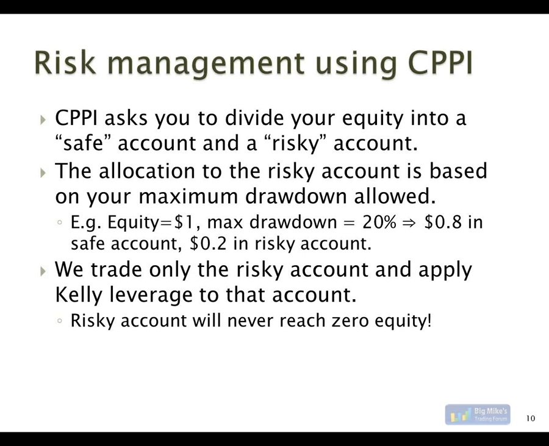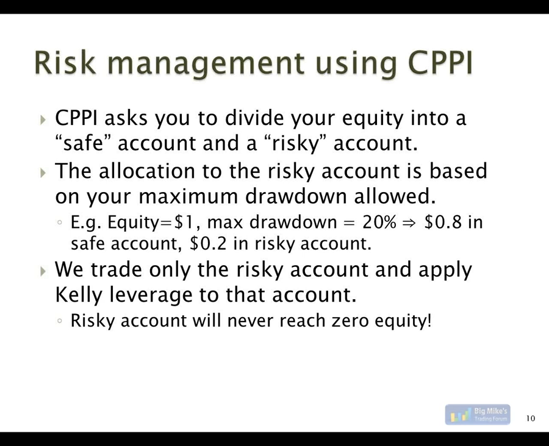Well, what we do is put 80 cents of your equity into the safe account. You won't touch it. You won't withdraw from it. You might add to that safe account, but you will never withdraw from the safe account. So you will always have 80 cents left at the end of the day. And then you put the remaining 20 cents into your risky account that you are going to trade.